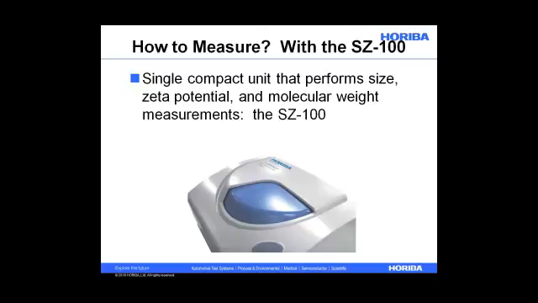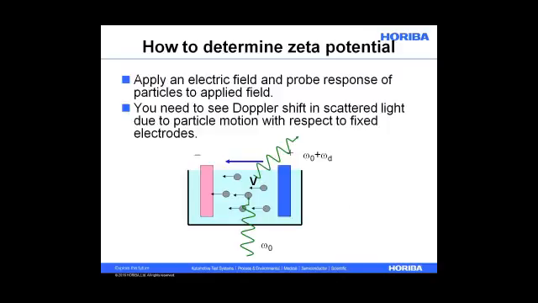The HORIBA SC100 is one instrument for making the measurement. Actually, it can also be used to determine particle size and polymer molecular weights. What happens inside the instrument is that you have a cell with some suspension, that's in blue, and a positive dark blue electrode and a negative pink electrode and gray particles, and I apply an electric field.